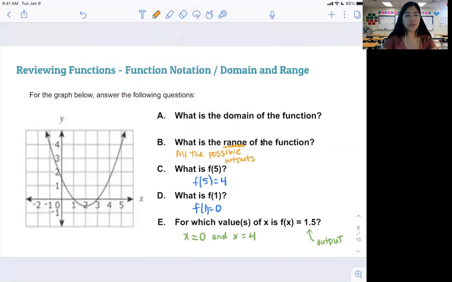So starting with lowest, what is the lowest that this graph goes on the y-axis? Think about height. So you have the x value, Ijara, it is at the x equals 2, but I'm talking about y values. What is the lowest that this graph goes? It doesn't quite make it to the -1. So look again.